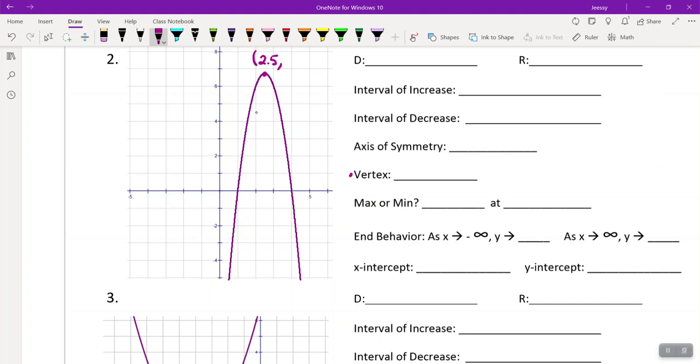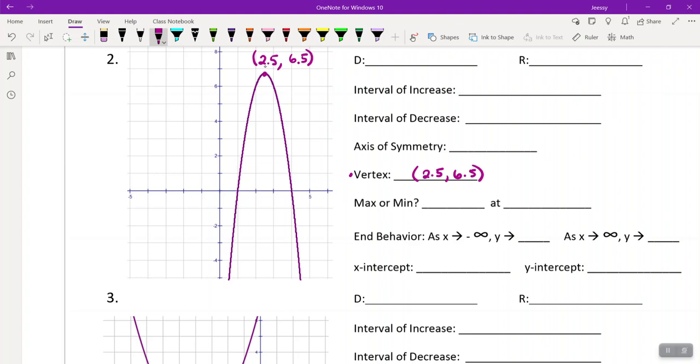It's 2.5. Since it's in the middle between two integers, we'll say 2.5. This one is between 6 and 7, so we'll say 6.5, okay? All right, so we start with the vertex, 2.5, 6.5.